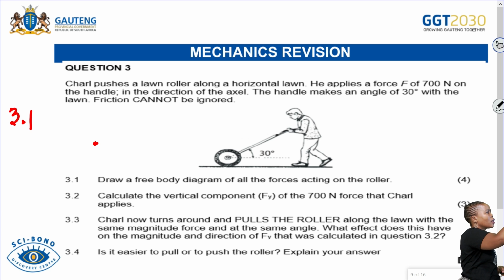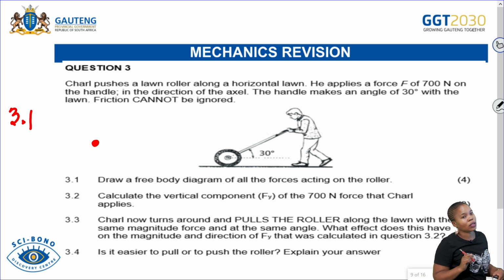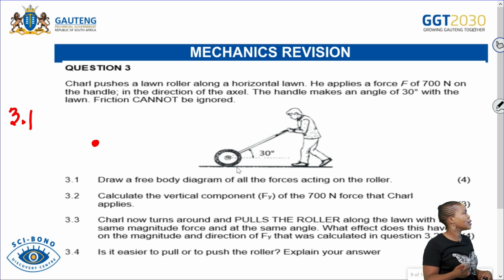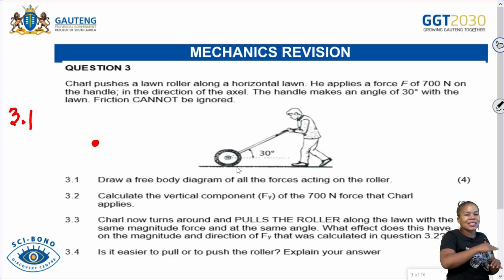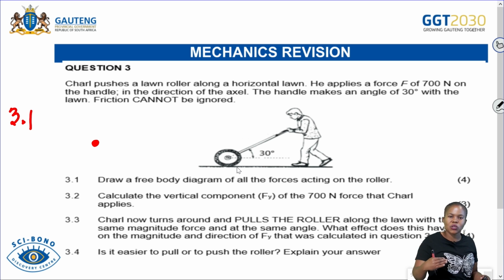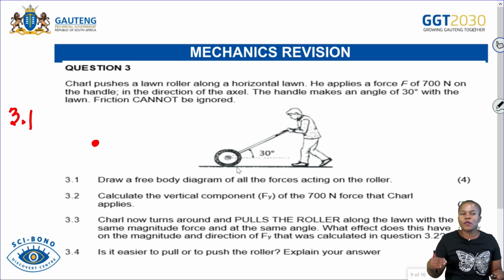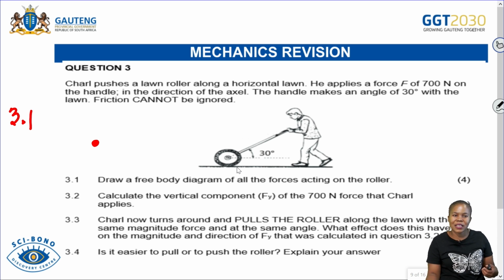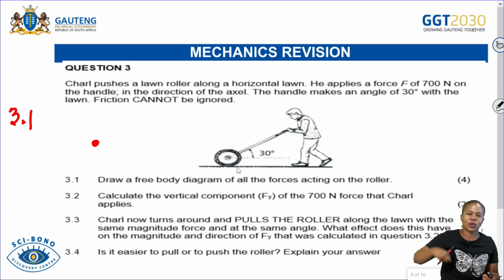I'm going to put a nice big dot over here so that a marker can see it. There is a surface, so there is a normal force, which is the force that the surface exerts onto the object, and it is perpendicular to the surface.